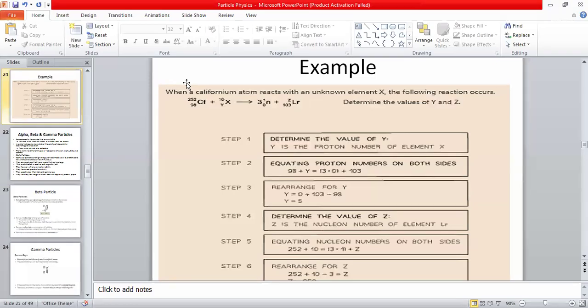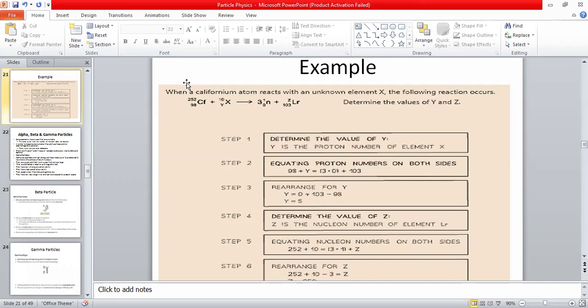Yes, 252 plus 10 minus 3 will be equal to Z. And to find Y, I will do 98 plus Y is equal to 103. So Y will be equal to 103 minus 98. So the value of Y will be 5.